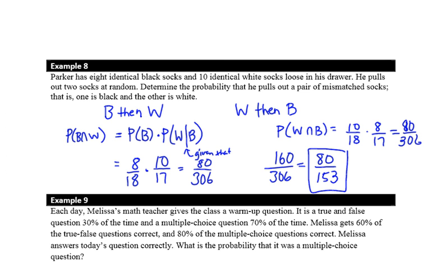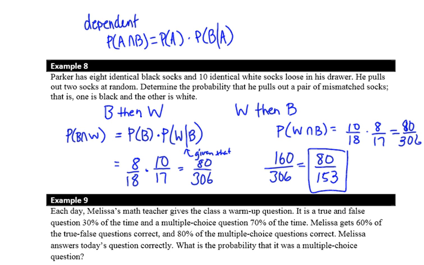Okay, so if the events are dependent, then our formula for A and B equals the probability of A times the probability of B, given that A has occurred. I reduced this fraction.